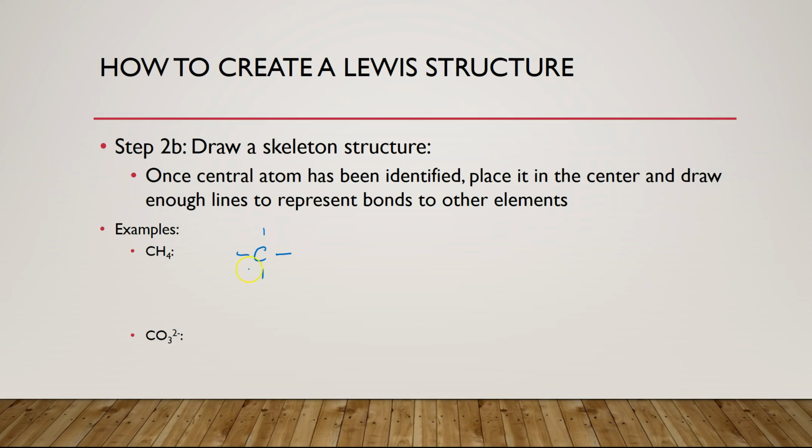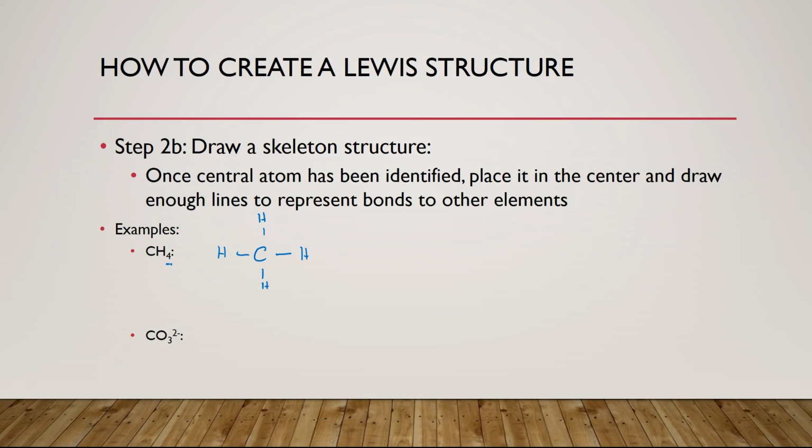So one line per subscript for the surrounding elements. So there's a 4 there. So I get 4 lines around carbon. I'm going to go ahead and write an H there, an H there, H there, and an H there. That is my skeleton structure for methane.